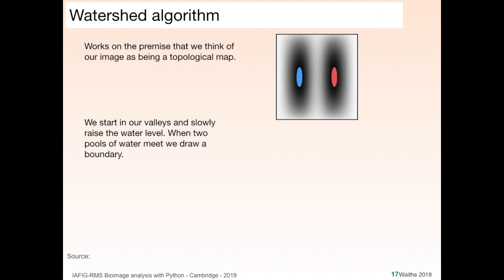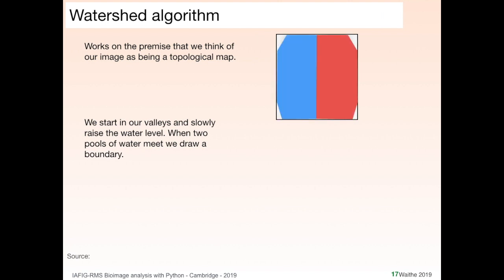So we start in the darkest areas, give each basin a unique color, and then start filling up the basins until they touch. And this represents the closest point that these two cells are along their perimeter.